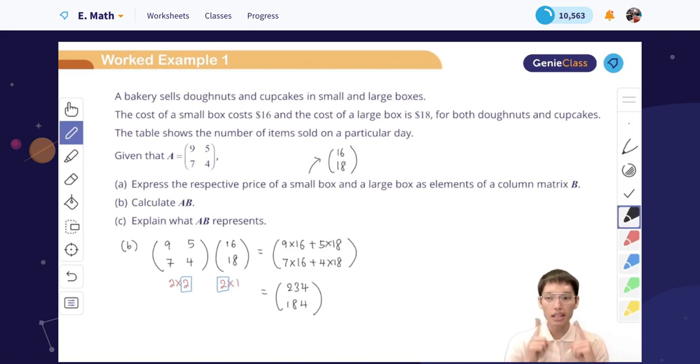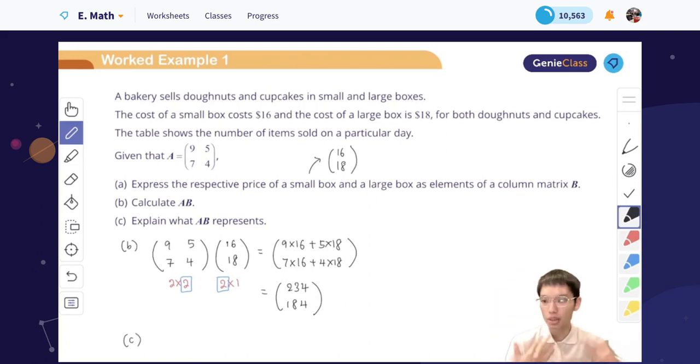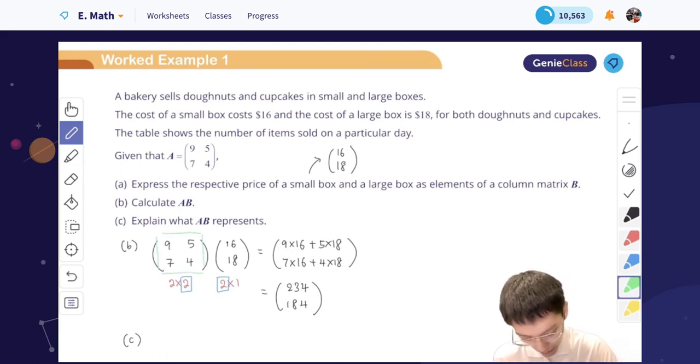Now, part C is whether we are understanding what we have been doing so far. So, when we matrix multiply and get 2, 3, 4 and 1, 8, 4 respectively, what is actually happening? What does AB represent? If I look back at the table of what we have, this one represents the number of boxes that are sold.